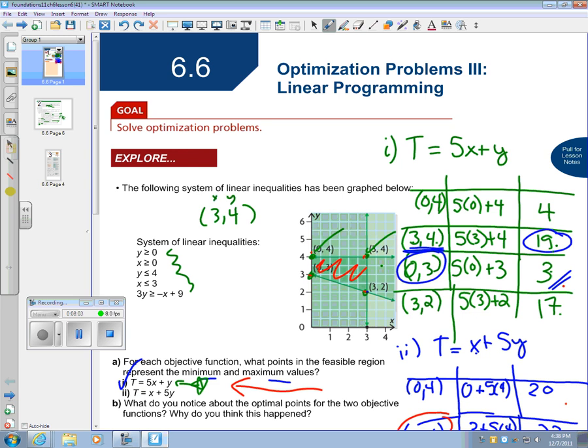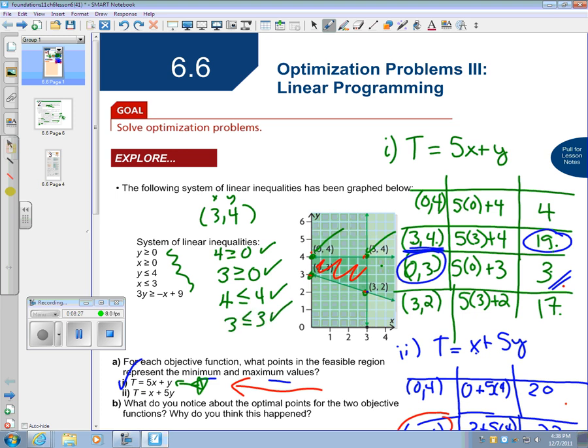Is y greater than or equal to 0? Is 4 greater than or equal to 0? Yep. x is greater than or equal to 0. Is 3 greater than or equal to 0? Yep. Is y less than or equal to 4? Is 4 less than or equal to 4? Yep. x less than or equal to 3? Is 3 less than or equal to 3? Yep.